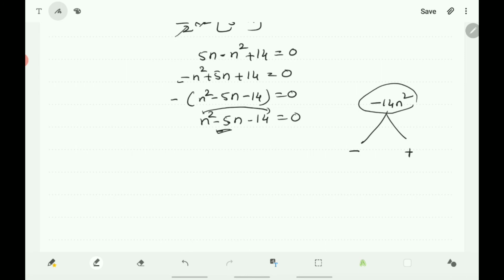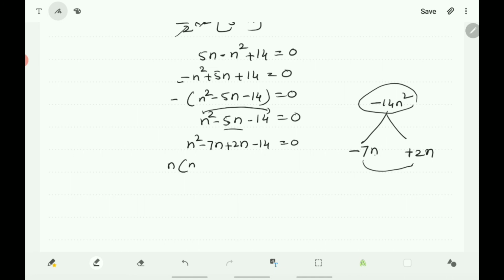In the table, 7 twos are 14, that is 7n and 2n. The product of 7n and 2n is minus 14n square, and the sum of these two is minus 5. So you write n square minus 7n plus 2n minus 14 is equal to 0, and take n common here.